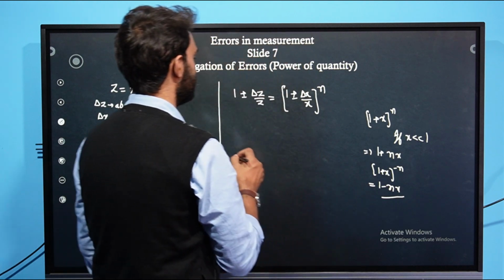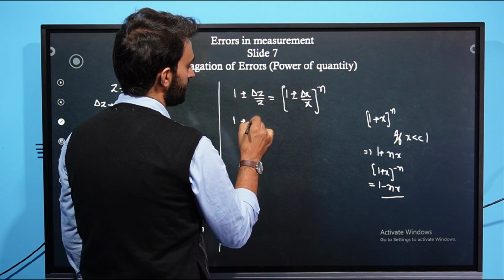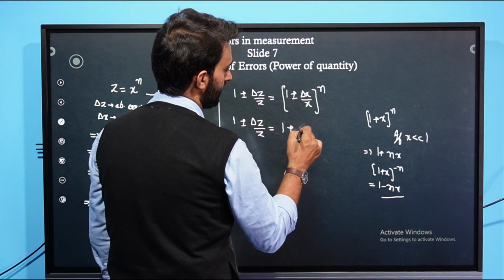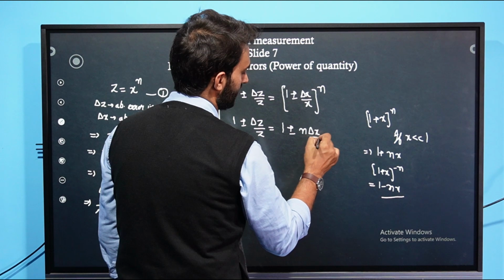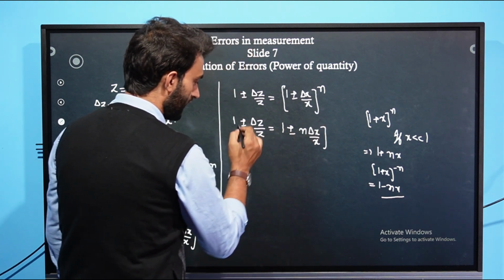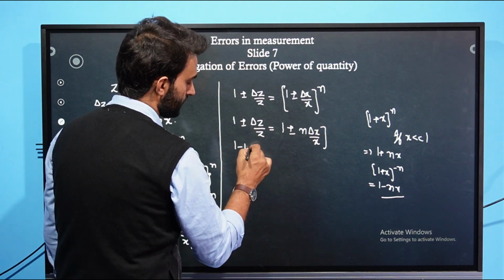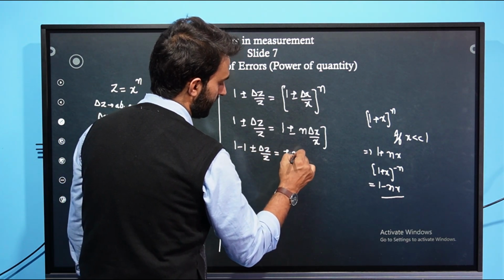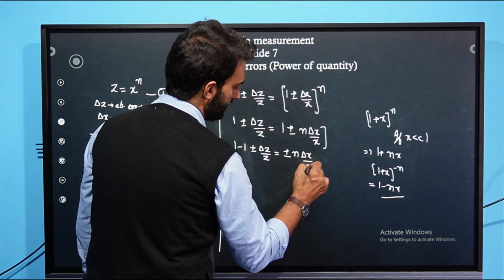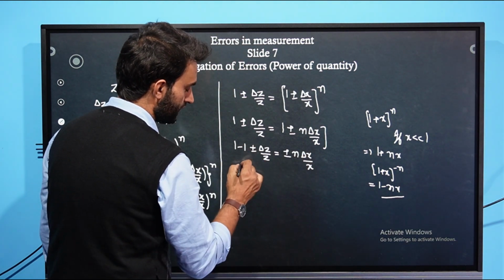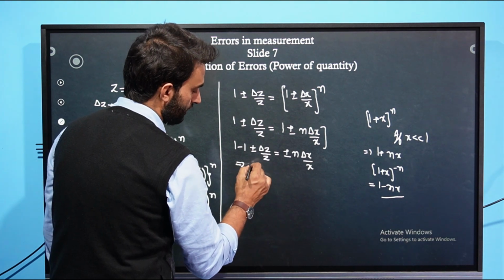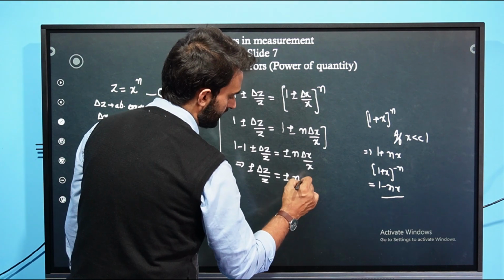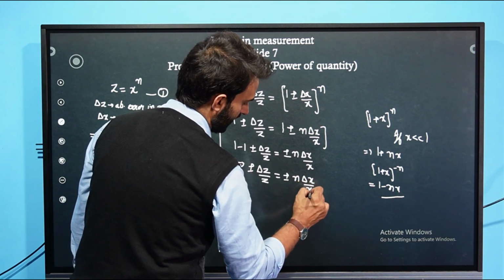So can I write 1 plus minus delta z by z is equal to 1 plus minus n times delta x divided by x. So 1 minus 1 is 0. That means plus minus delta z by z is equal to plus minus n times delta x by x.